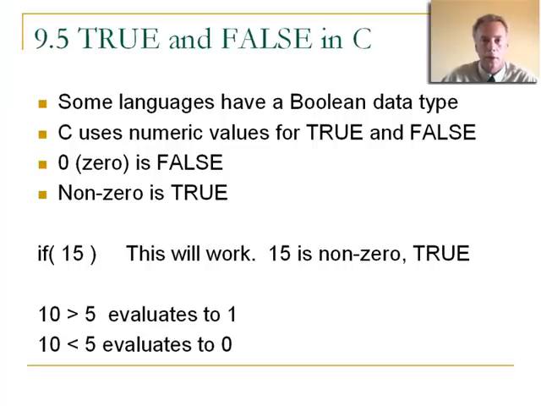And what actually happens internally is it evaluates to 1. 10 is less than 5 evaluates to 0. So when C gets to decide which non-zero value it will use, it uses 1 for true. If you use a non-zero value, you can use any of them, any non-zero value for true, and 0 for false.